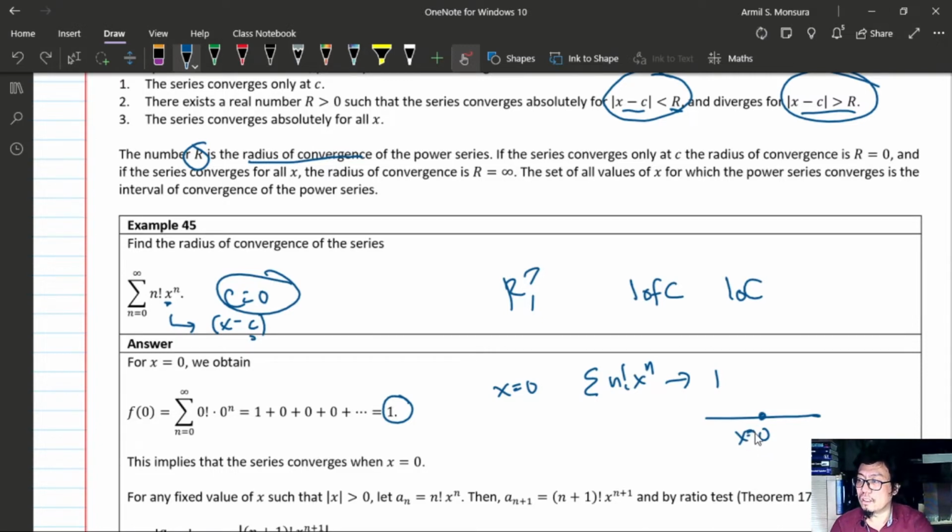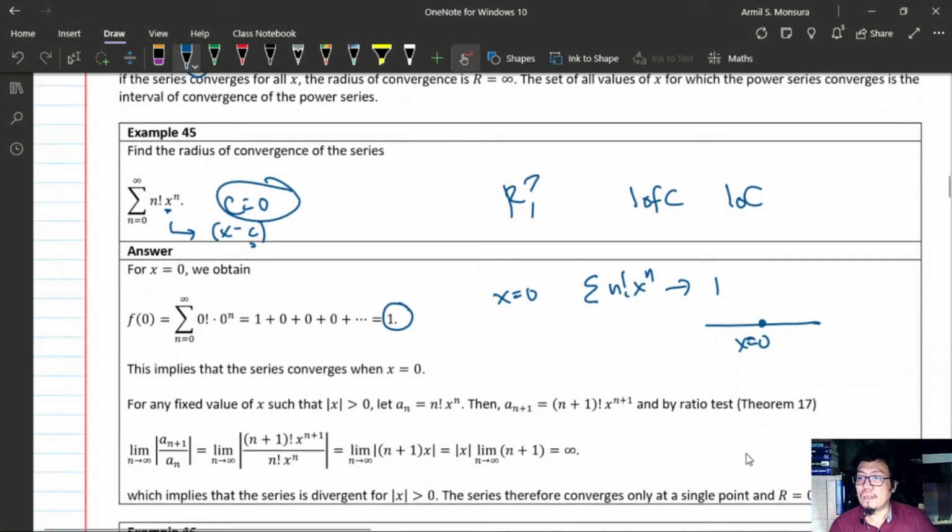Now, let us try to find out the radius of convergence using the ratio test, using Theorem 17. What we will try to find out is what values of x will make it converge.